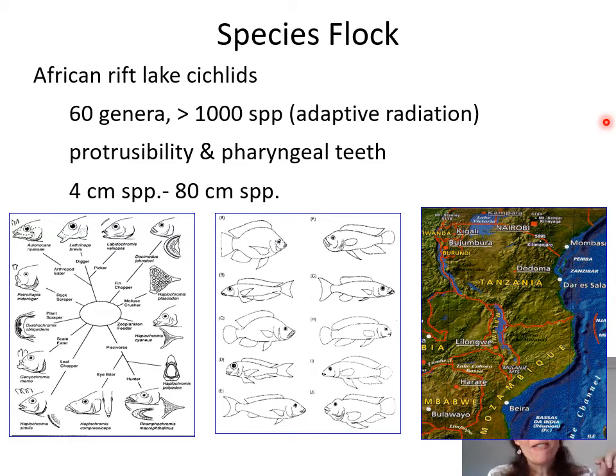Some even specialize on fish scales and fins, some on fish eyes, some on eggs and embryos, and some are just predators of the other fishes. So the amazing thing is you have all of these fish that are specialists for certain kinds of food. They are all cichlids, so they all came from the same founding stock, which is just amazing when you look at that much diversification when the conditions are right.